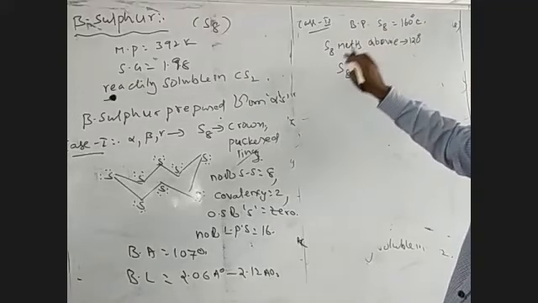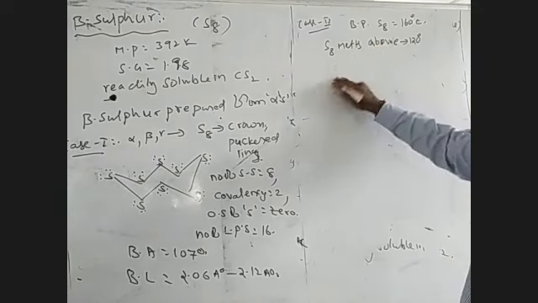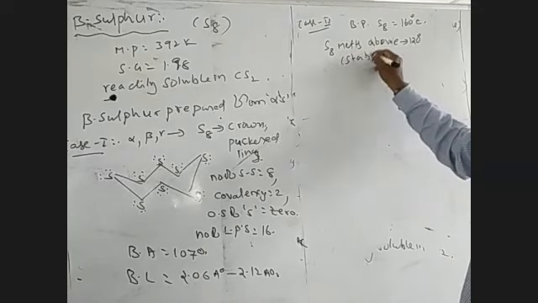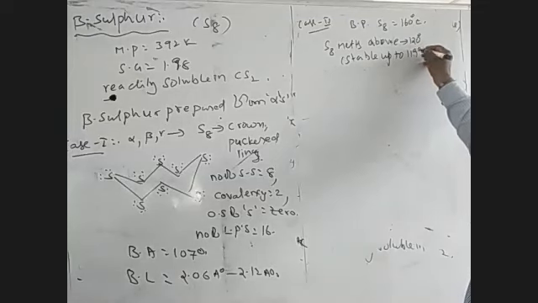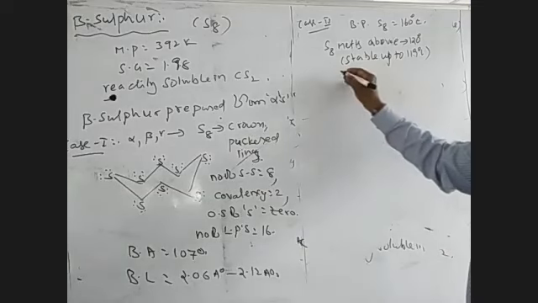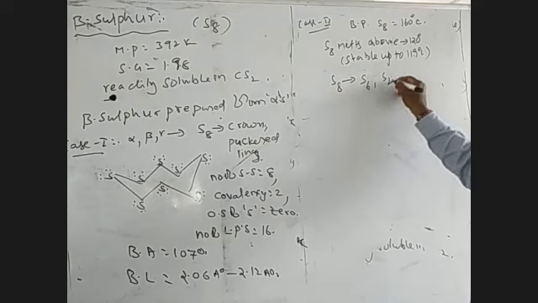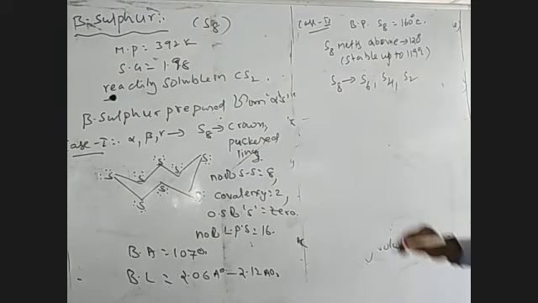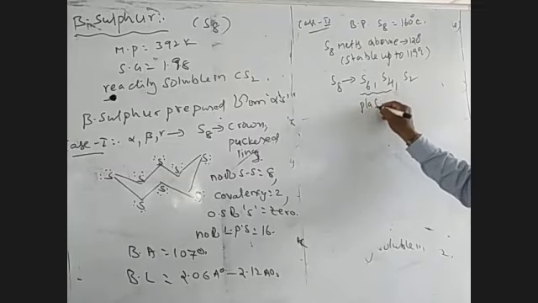That means S8 units are stable up to 119 degrees centigrade. Above 119 degrees centigrade, S8 units change into S6, S4 and S2 units. The S6, S4, S2 units are known as plastic sulfur.